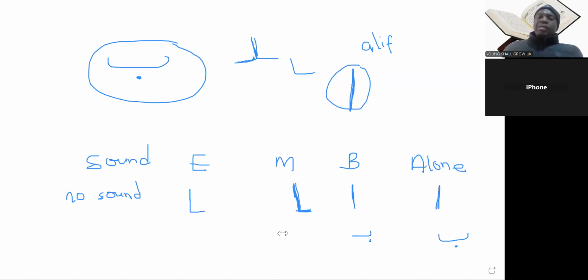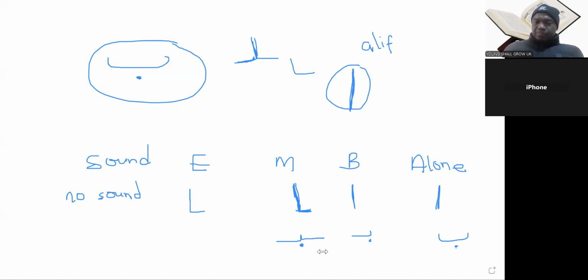So B is the beginning, to join with another letter. Now, how do we see ba in the middle? That means one letter is coming to join ba, and ba is also joining another letter. So how many dots are under? One, still one. Anywhere you see it like this, it's still ba.